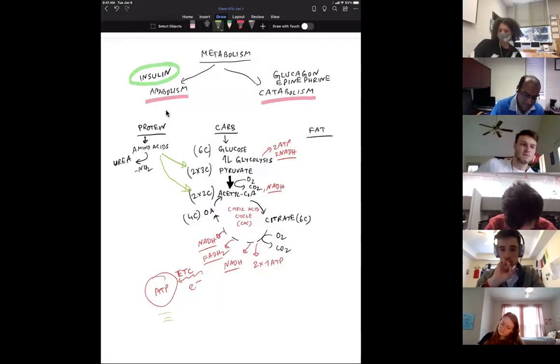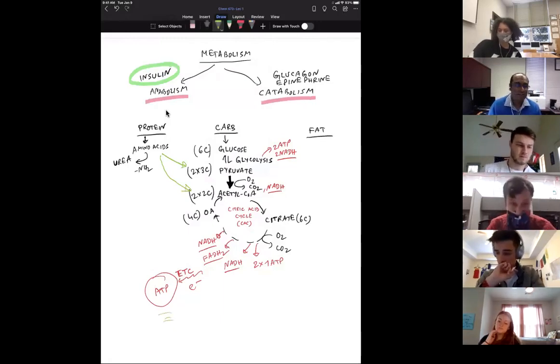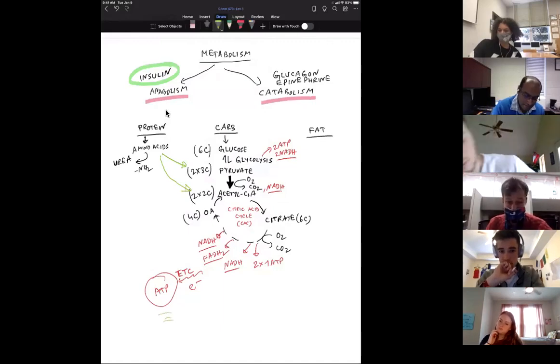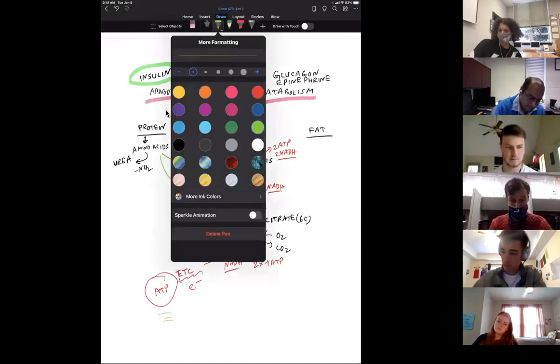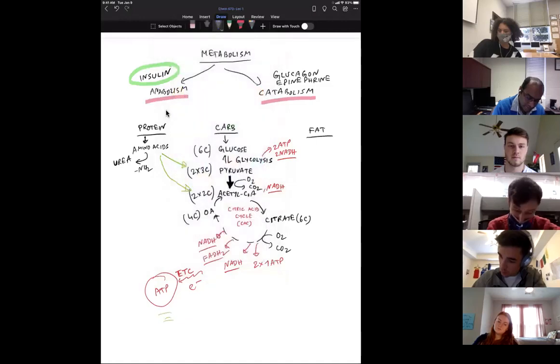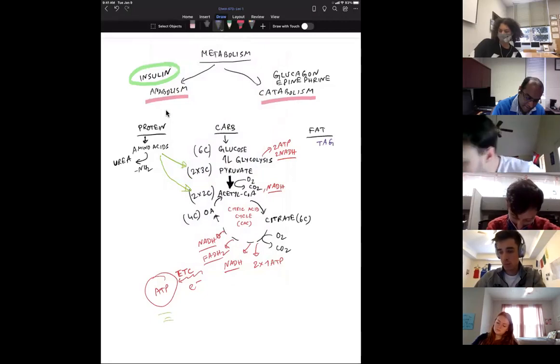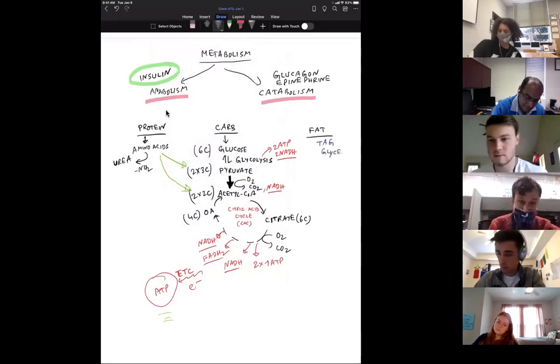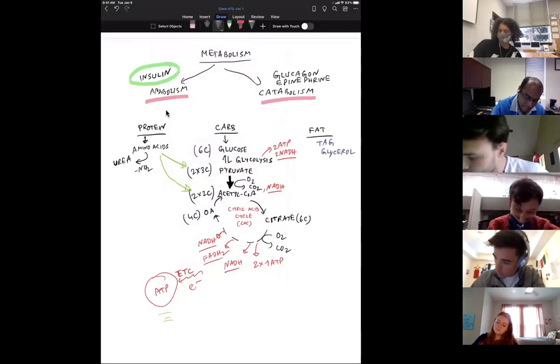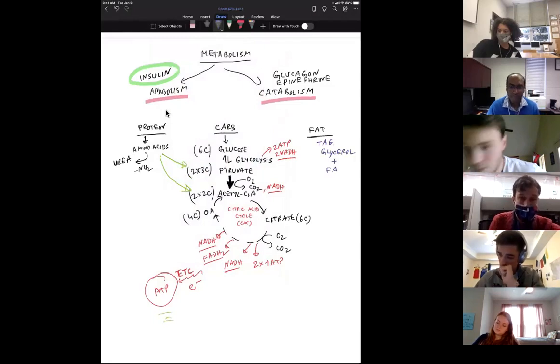Same thing for fatty acids. Our storage fat is what? TAG, triacylglycerol. We have seen that last semester. So the TAG has the glycerol backbone, and it also has the fatty acids.